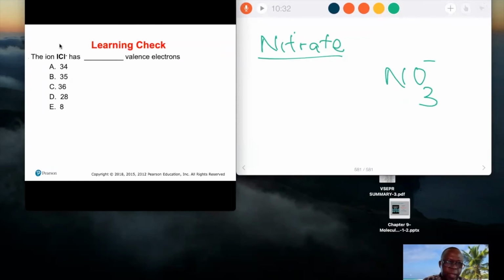For example, here, the ion ICl has a certain number of valence electrons. If I do have that 7, I don't know if that will work. So 7 plus 1 is ICl, or something is missing here.